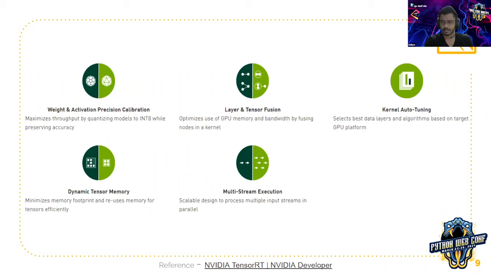It is because TensorRT does kernel auto tuning. Basically, it has already got specialized kernels for different GPUs. When NVIDIA wrote this library, they wrote kernels for different GPUs. I forgot to mention that TensorRT is only supported for NVIDIA GPUs right now.